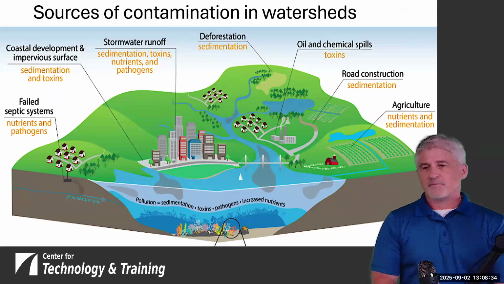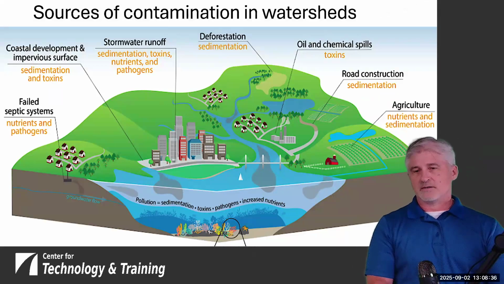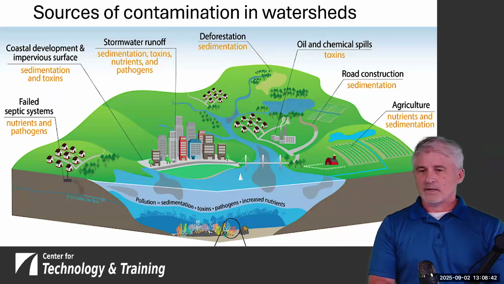For both groundwater and surface water, watersheds are very important, but with surface water, they have the ability to change the quality of our source dramatically in a short period. Some of the examples on here are failed septic systems in a subdivision. Quite often that'll go through the groundwater to get to the surface water, but nutrients and things like that can affect the quality of our surface water.